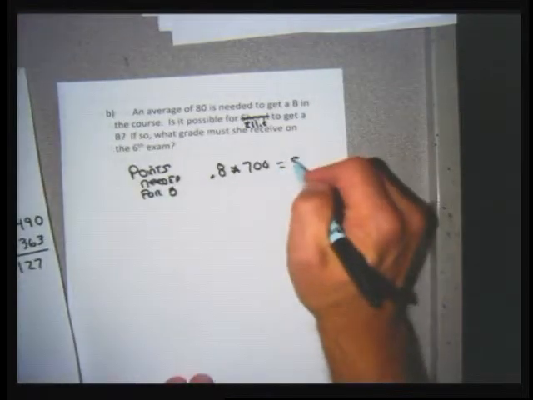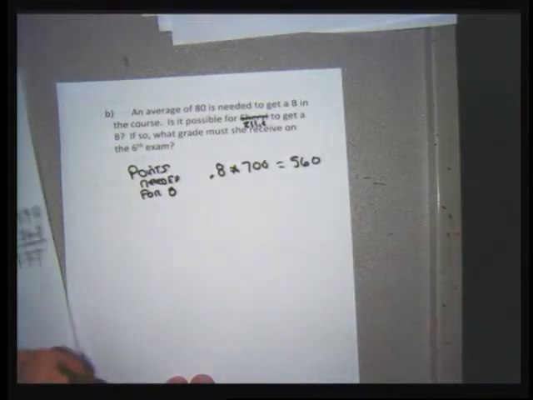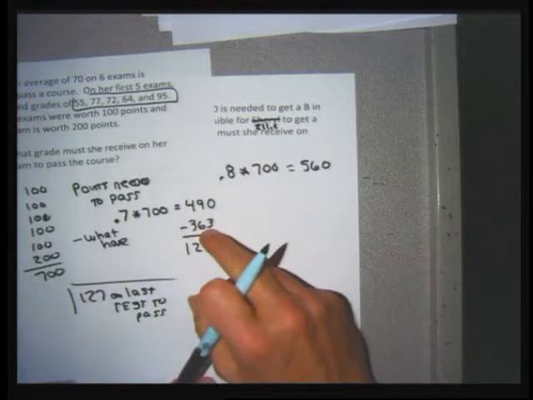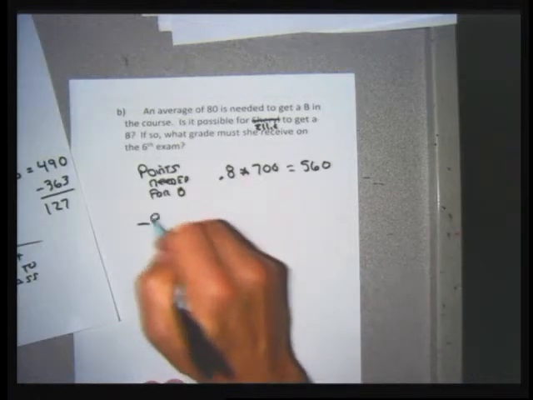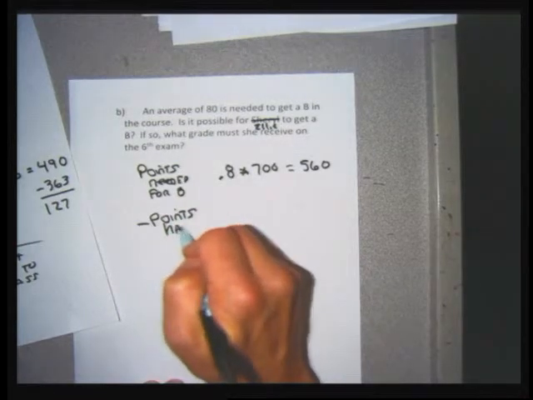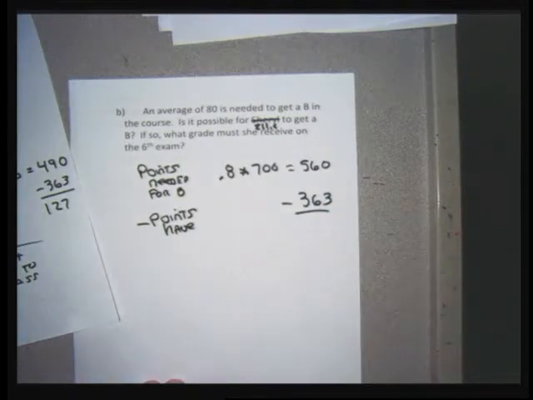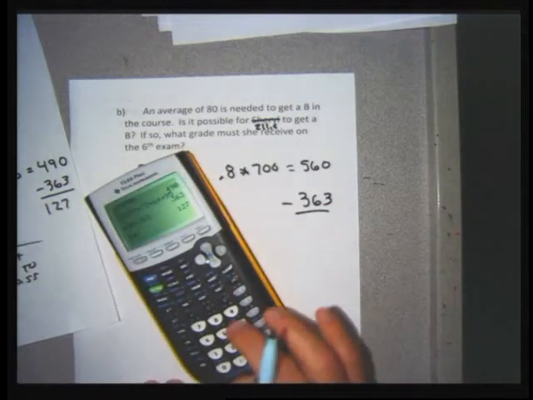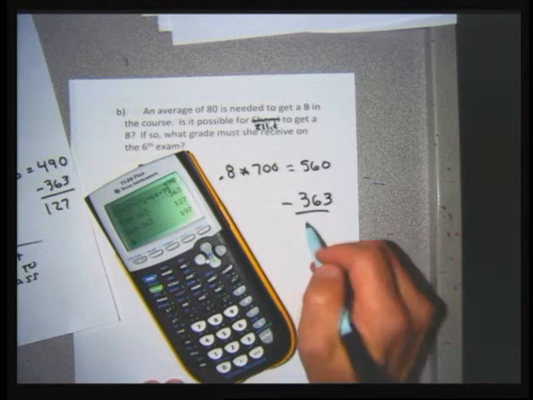And that means Ellie now needs 560 points to get a B. Well, she still has 363 points. So if I take the difference between the number of points that you need at the end of the semester and the points that you already have, so 560 minus 363, I get 197.